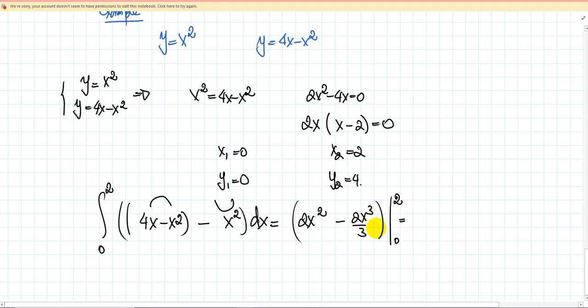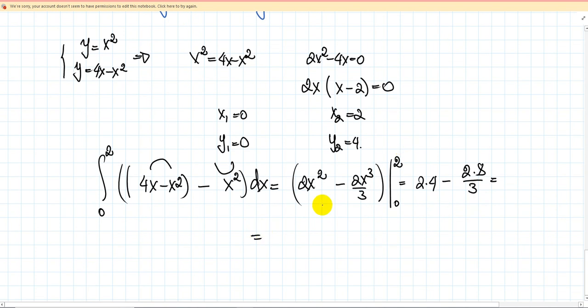If you put 2, you will get 2 multiplied by 4, which is 8, minus 2 multiplied by 8 divided by 3, right? So this is equal to 2 multiplied by 12, which is 24, minus 16 divided by 3, which is 8 over 3. So the area between these two parabolas is equal to 8 over 3.